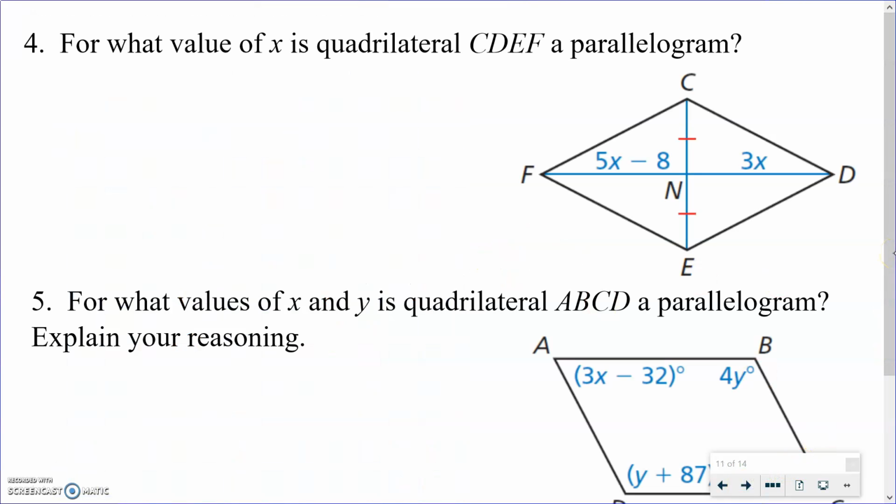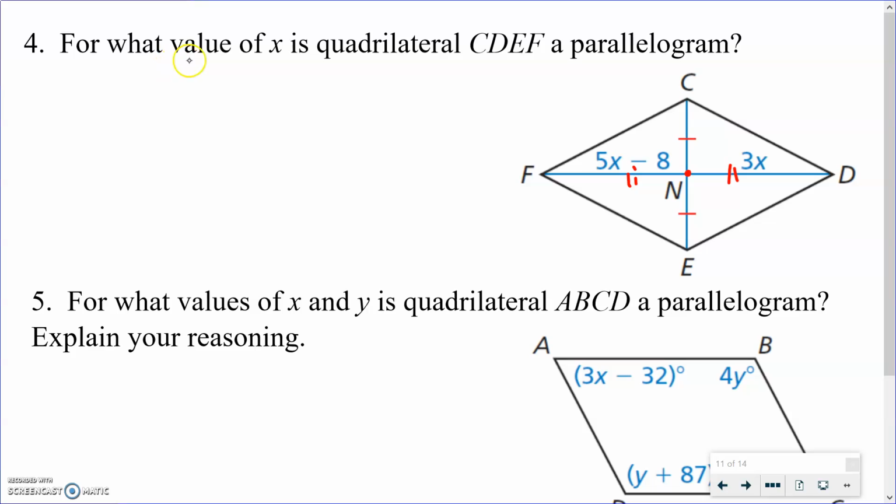All right. So now we're going to use the fact that if this is a parallelogram, then it needs to have diagonals that bisect each other. And so we know again that this would be the midpoint of both of the diagonals, which would be point N. And if it's the midpoint, then we know this side and this side are congruent.